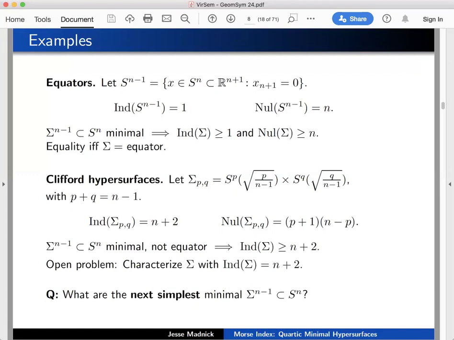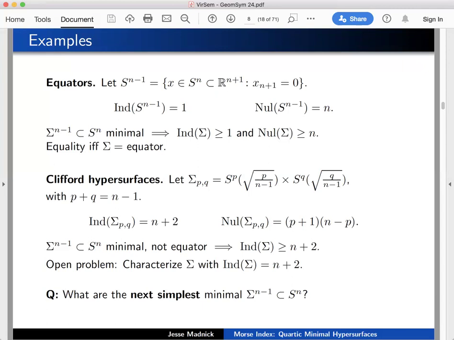And it's been shown, I believe, by Oscar Perdomo that if sigma is a minimal hypersurface and not the equator, then the index is at least n plus 2. It's currently still an open problem to characterize those minimal hypersurfaces with index equal to n plus 2.